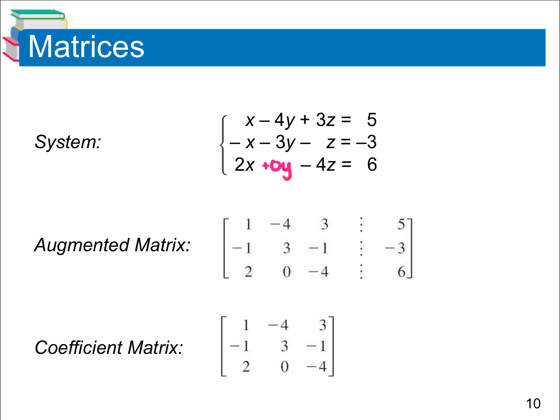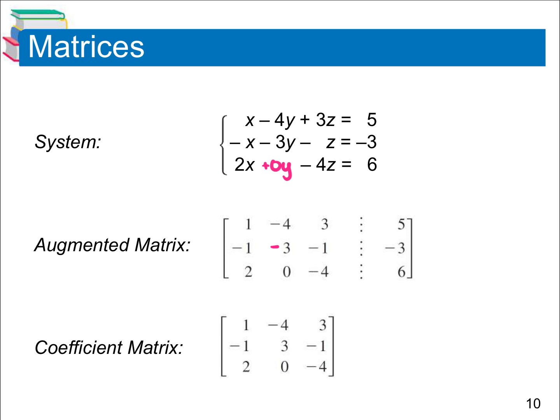For that middle equation, negative x minus 3y minus z is equal to -3, you have a -1, a -3, and a negative z, so that's a -1 for your coefficients, and your answer is -3. So that should give you the -1, -3, -1, -3 row in your augmented matrix. Again, you're going to have to put that negative in on that middle 3 of the augmented matrix.